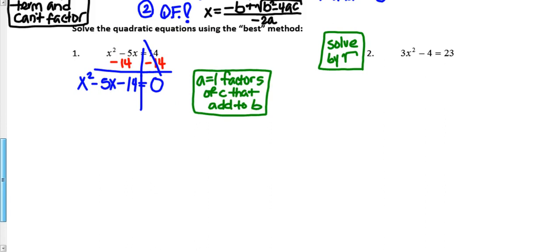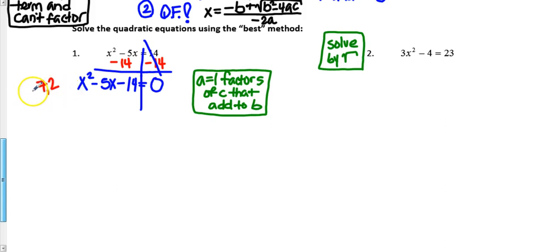So I might keep track of my thoughts here. When I think of 14, I think of 7 and 2. I see that C is negative. To multiply to a negative 14, 7 or 2 has to be negative. And if I'm trying to add to a negative 5, which of these two numbers should be negative?